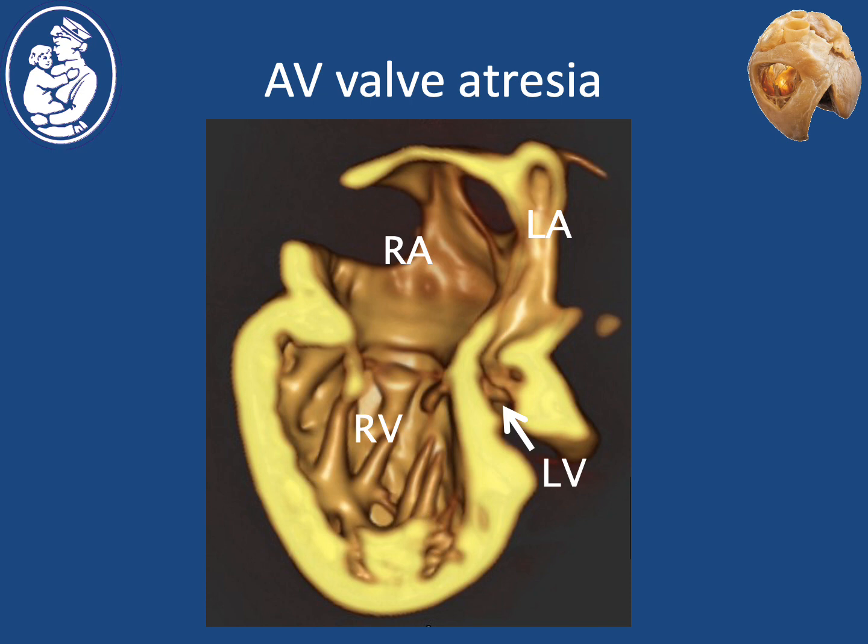There is a tiny valve apparatus here, but it simply doesn't open. So the connection here is AV valve atresia, because there is a potential for communication between the left atrium and the left ventricle. So this is a little bit different from absent AV connection, and probably this is important for understanding the embryogenesis of these hearts.